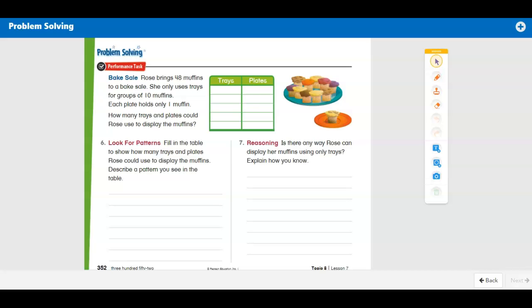Rose brings 48 muffins to a bake sale. She only uses trays for groups of 10 muffins. Each plate holds only 1 muffin. How many trays and plates could Rose use to display the muffins?